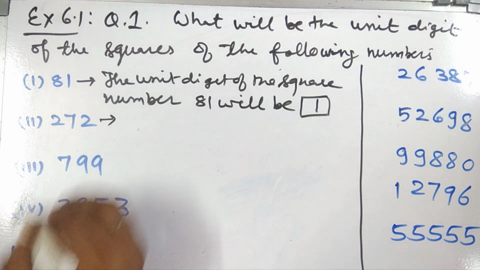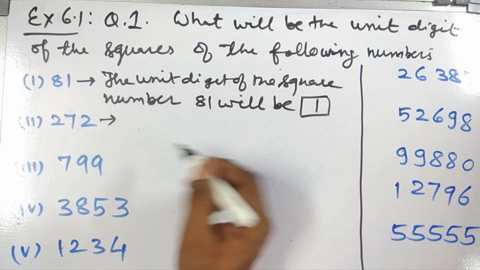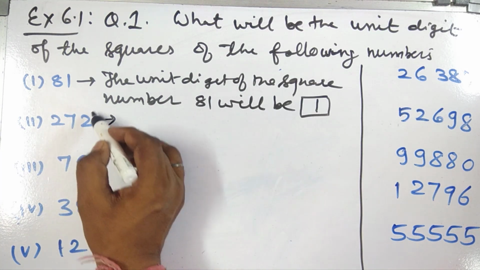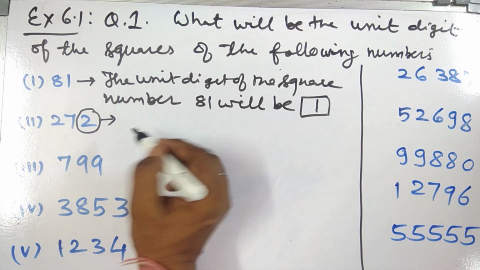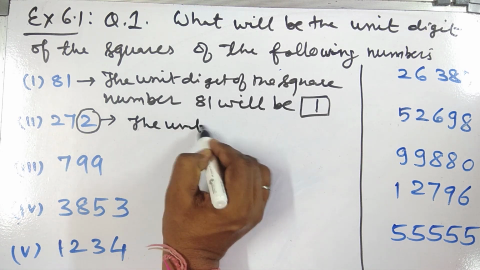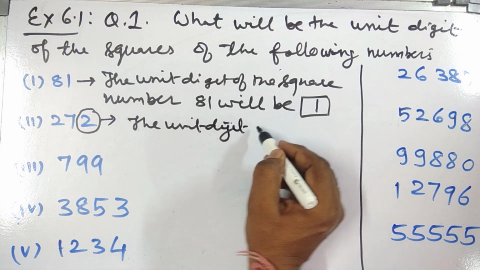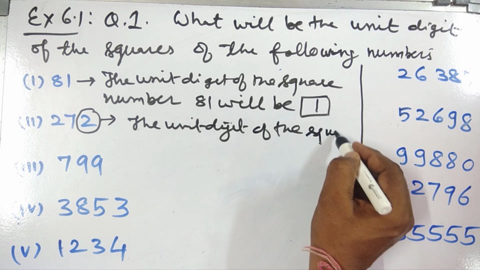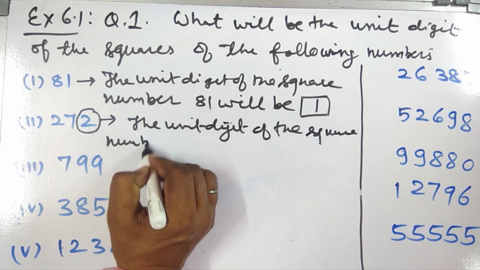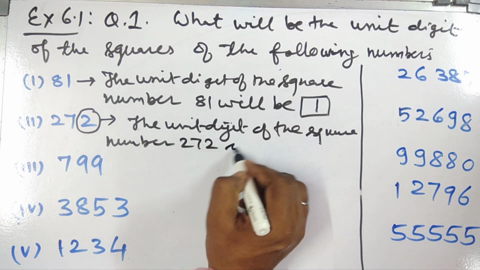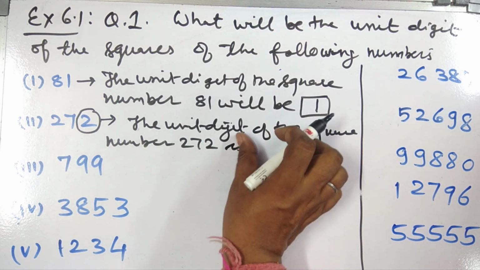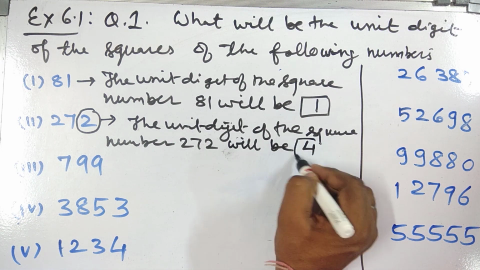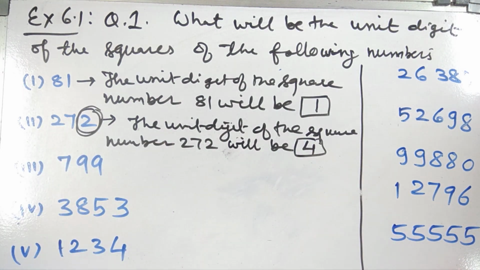And next, students, 272. The unit digit of the square number 272 will be 4, because in the unit place 2 is given. So the unit digit of the square number is dependent on the given number, students.